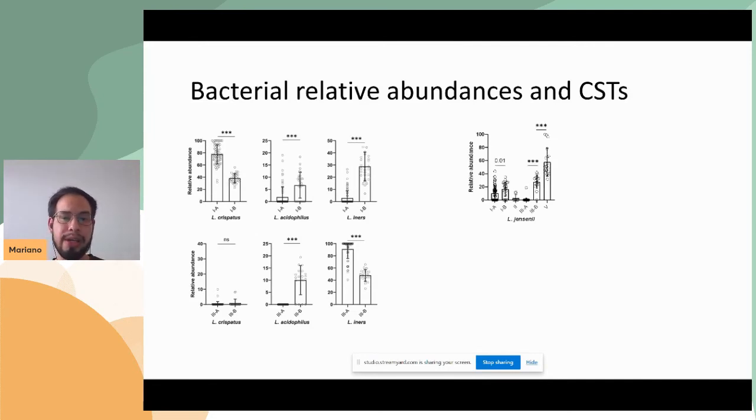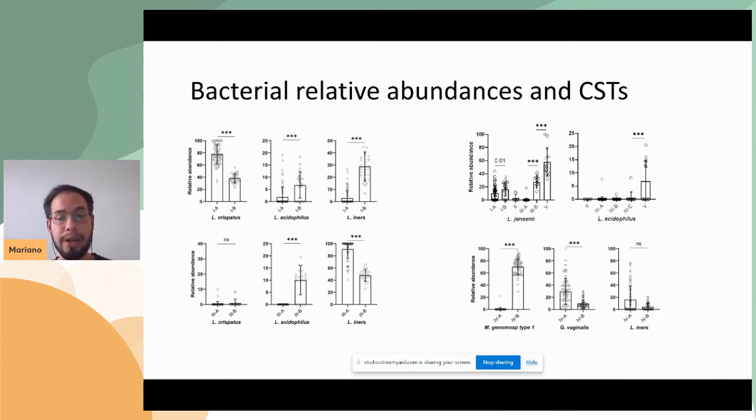Additionally, for the species Lactobacillus jensenii, there was an increase in abundance in CST I-B and III-B when compared with the A subgroups. And Lactobacillus acidophilus was also found highly abundant in CST V.